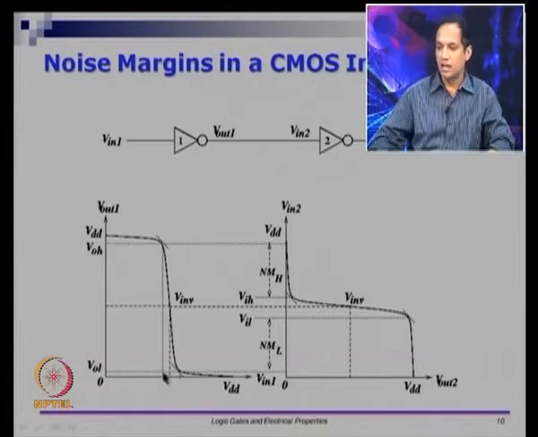And if I apply that as input to this circuit, that is the reason why we flipped it around, a very large value of V in 2 will again result in a very small value of V out 2. So a small value of V in 1 results in a large voltage level at V out 1, that in turn will result in a small voltage level at V out 2. So a 0 gets buffered as 0 itself.